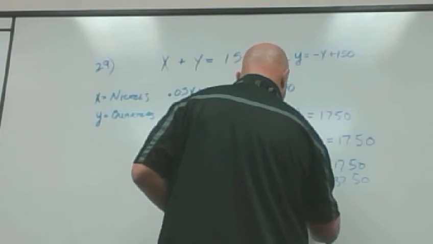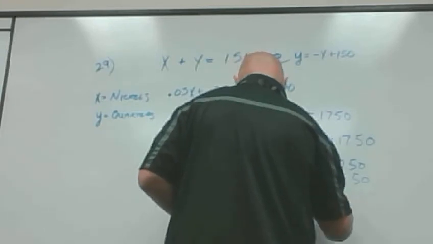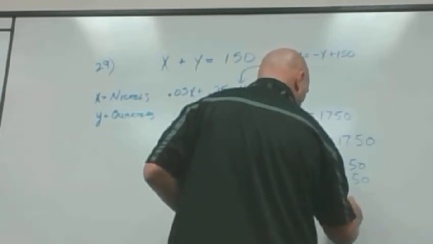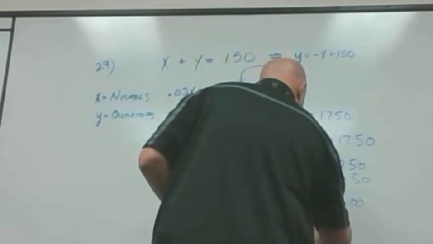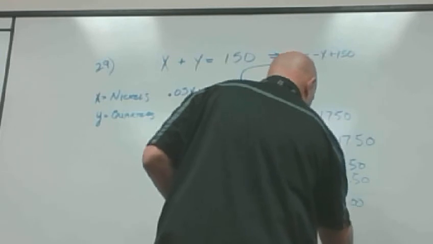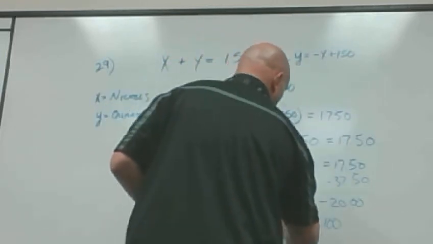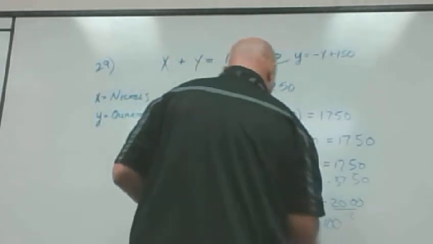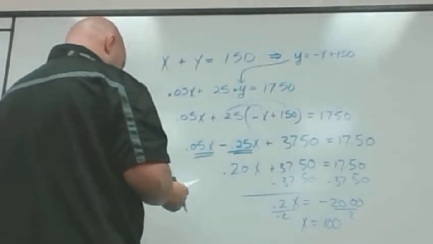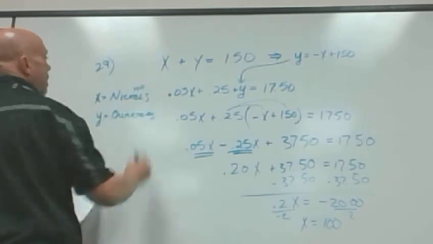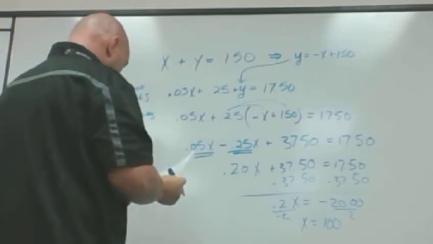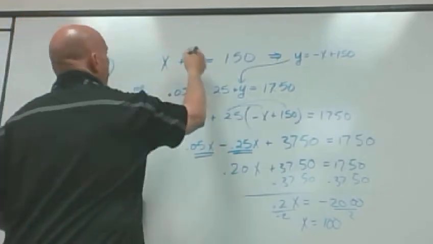Negative 0.2x is equal to negative $20 even. So again, I'm going to divide both sides by negative 0.2 and then get x equals 100. Now that I know I have 100 nickels, I'll go ahead and write that over here. So this part actually then is pretty easy.